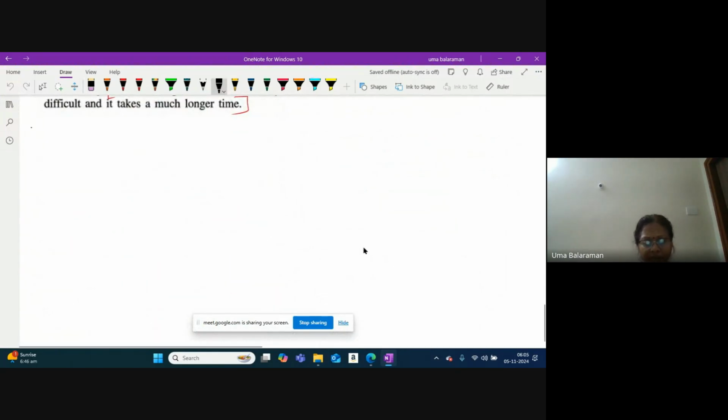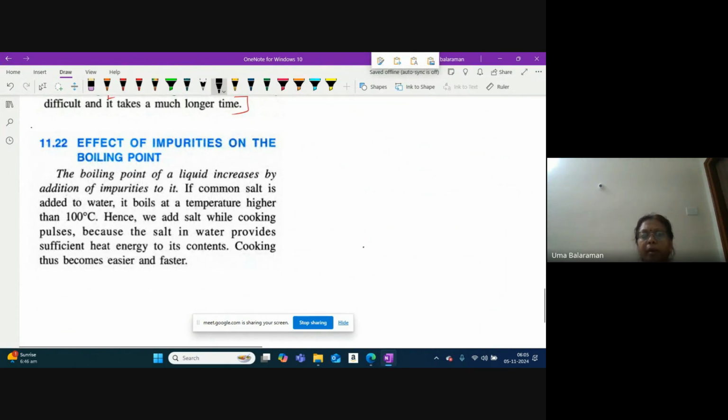So what happens? We have impurities. Pure water, boiling point is 100 degrees Celsius. But if there are impurities, the boiling point of a liquid increases when impurities are added.